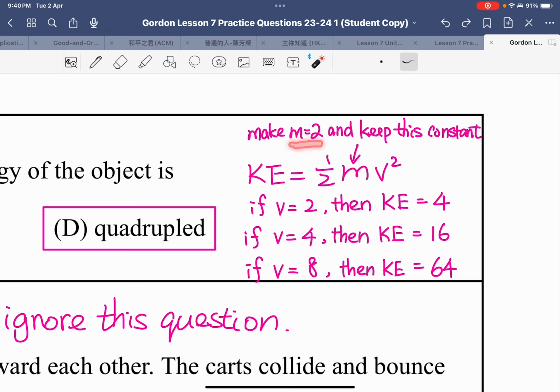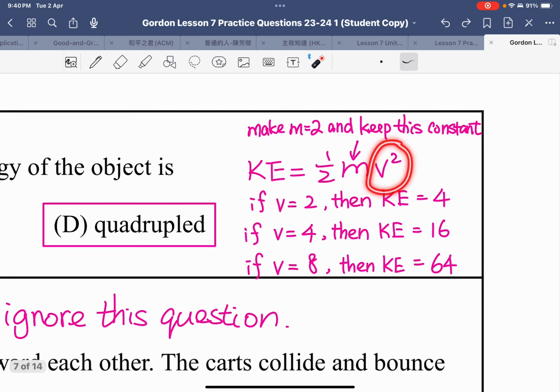I'm going to make M remain constant. So M is going to be 2 every single time. And then what I would do is I would double this V and see how KE is responding. So the first number I subbed in for V is 2.